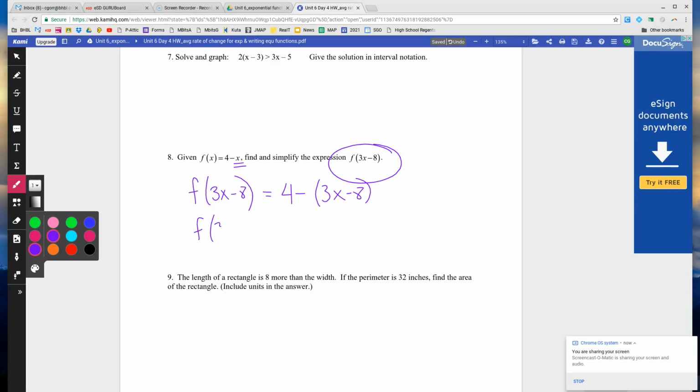So again, rewriting my input, now I have 4 minus 3x plus an 8. So one more time, rewriting my input, I end up with negative 3x plus 12. And that is my function value for 3x minus 8.